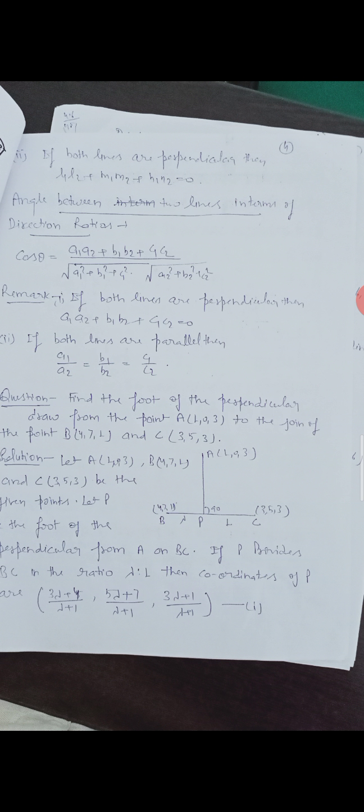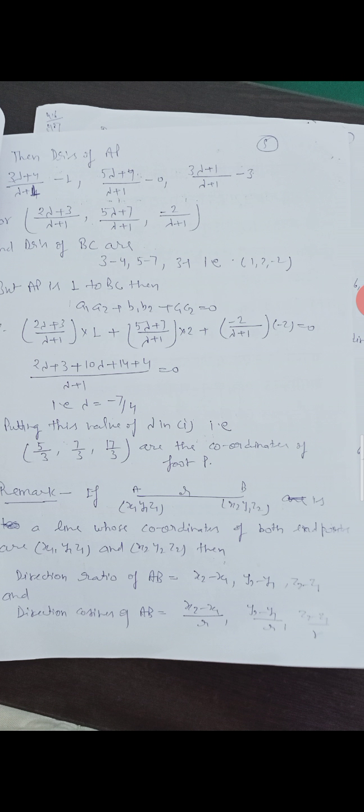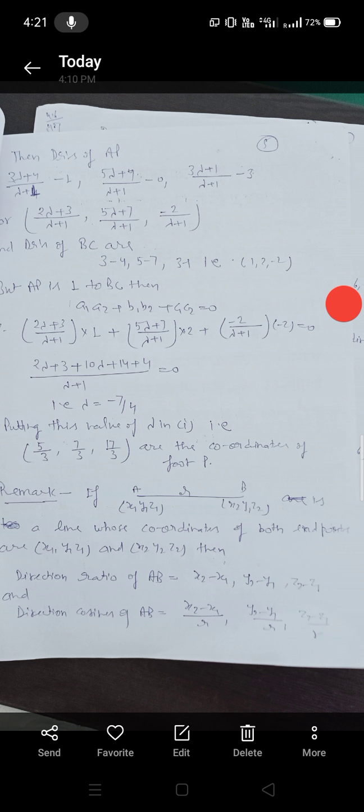If A and B are two points (x1, y1, z1) and (x2, y2, z2) making a line with these endpoints, then the direction ratios of AB are x2 minus x1, y2 minus y1, z2 minus z1, and the direction cosines of AB are x2 minus x1 upon r, y2 minus y1 upon r, z2 minus z1 upon r, where r is the distance AB. Thank you.